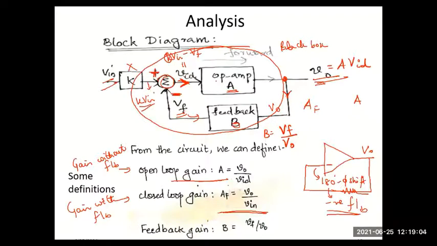And finally, this Vf comes back to the summer where we started off. So the input signal Vin, as it moves through this loop, gets multiplied by the factor A and by the factor B or beta, and this combination A into B is known as the loop gain.